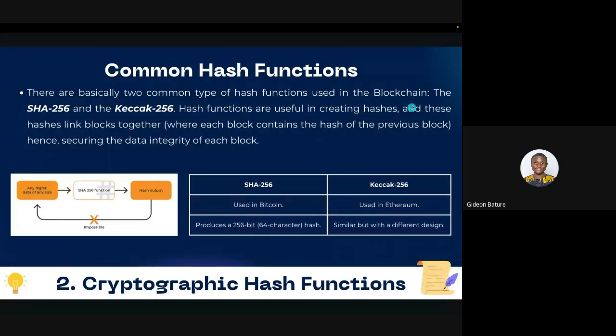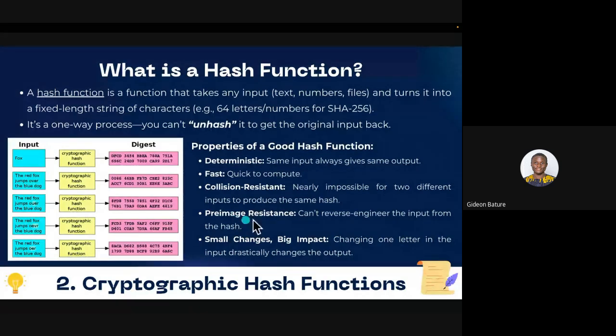So hash functions are useful in creating hashes, and these hashes link blocks together, where each block contains the hash of the previous block, hence securing the data integrity of each block. Now I want to ask a question. Before I ask, look at this diagram. This diagram illustrates the property of the hash function that it can't be reverse engineered.